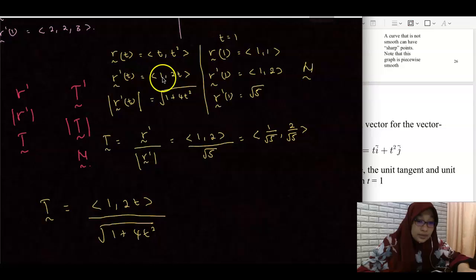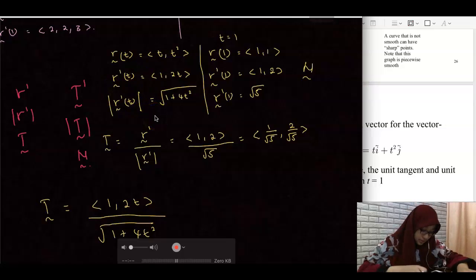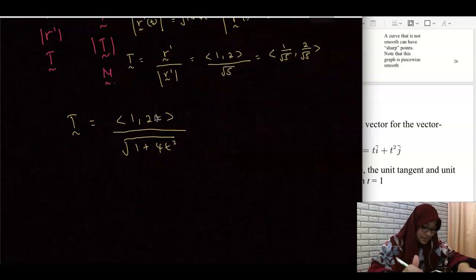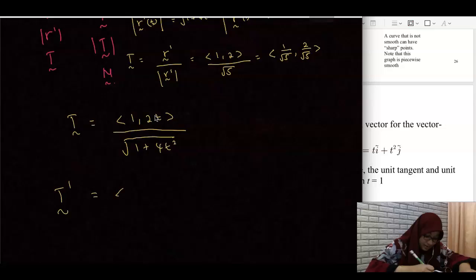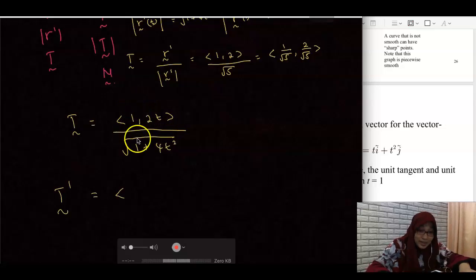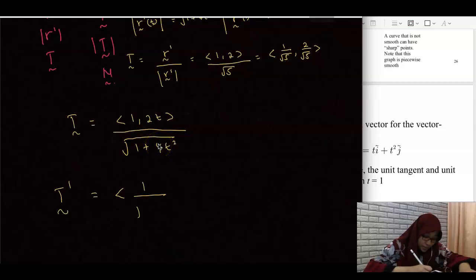Okay, next we are computing the N, which means that you have to differentiate. You have to obtain the derivative of the unit tangent. And you can see that it is not so easy, because when you expand this component by component, you have 1 over square root of 1 plus 4t squared for component x.